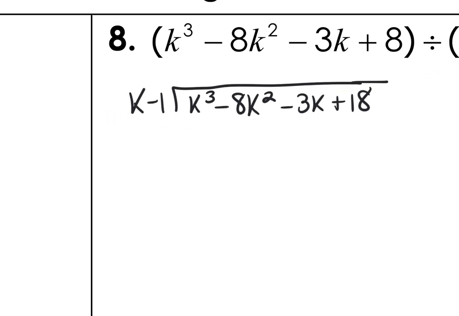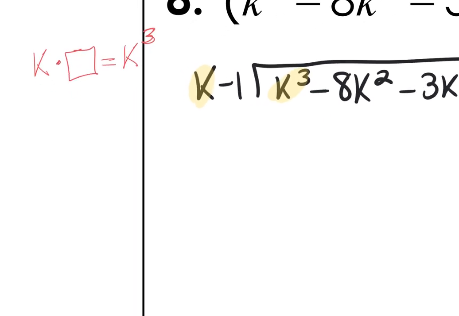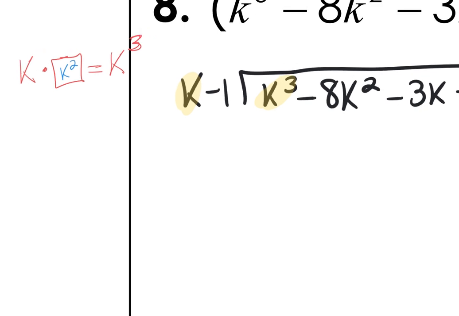All right, starting out, I'm looking at the k, and I'm looking at k cubed. The thought in my brain is k times what gets you k to the third? k squared. That's right. That's what's going to go on top above the negative 8k squared. So over here, I'm going to put k squared.